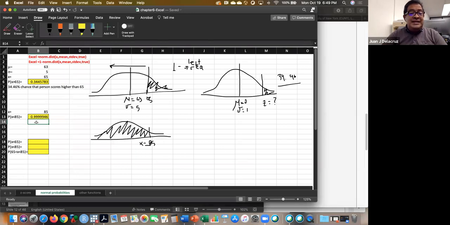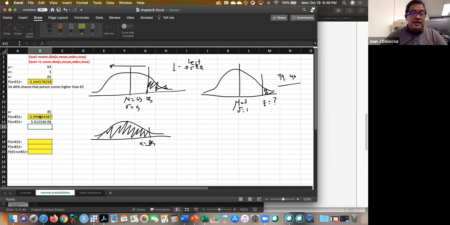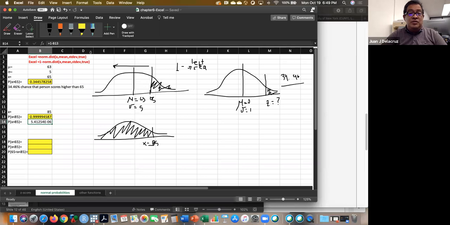So that is 99%. So what is the probability? In this case, it's like applying the is greater than 85, right? If I go to the cafeteria, how likely is it that I'm gonna find a person with a higher score than 85? Well, we can apply 1 minus this probability, and that's gonna be a very small number.